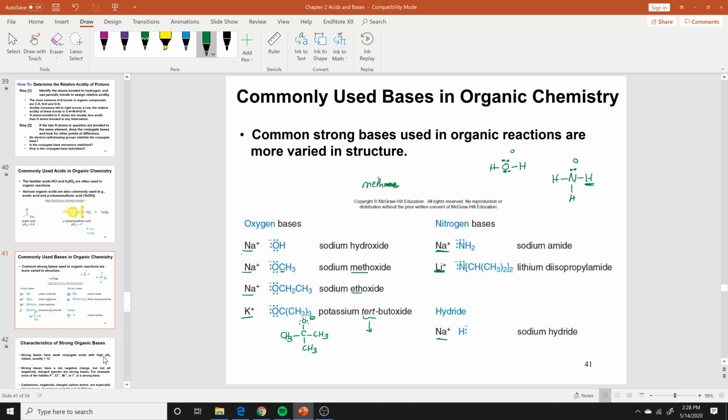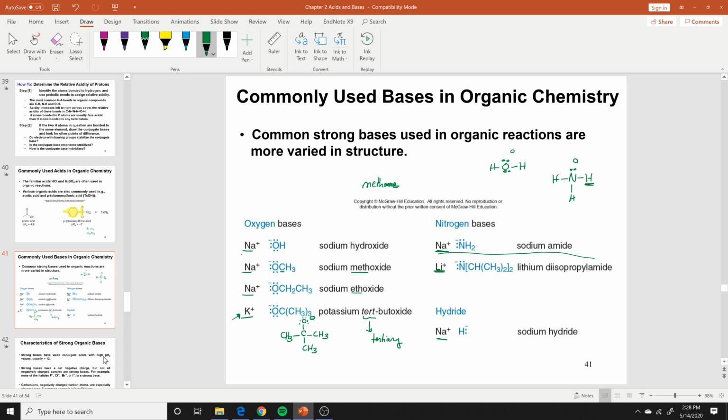Tert is an abbreviation for tertiary. We will hit on this in chapter 4, where we will talk about tertiary carbons, secondary, and the primary carbons. So it's fine if you don't memorize the name of this one now. It's okay with me. This is lithium diisopropylamide.